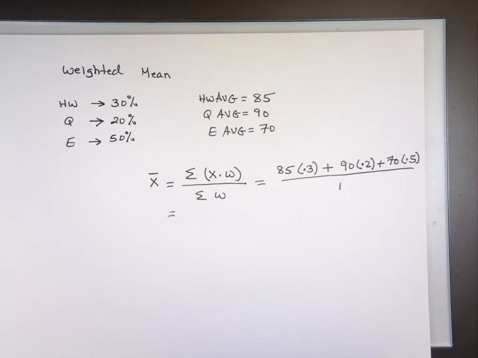85 times 0.3 plus 90 times 0.2 plus 70 times 0.5. The average is 78.5.